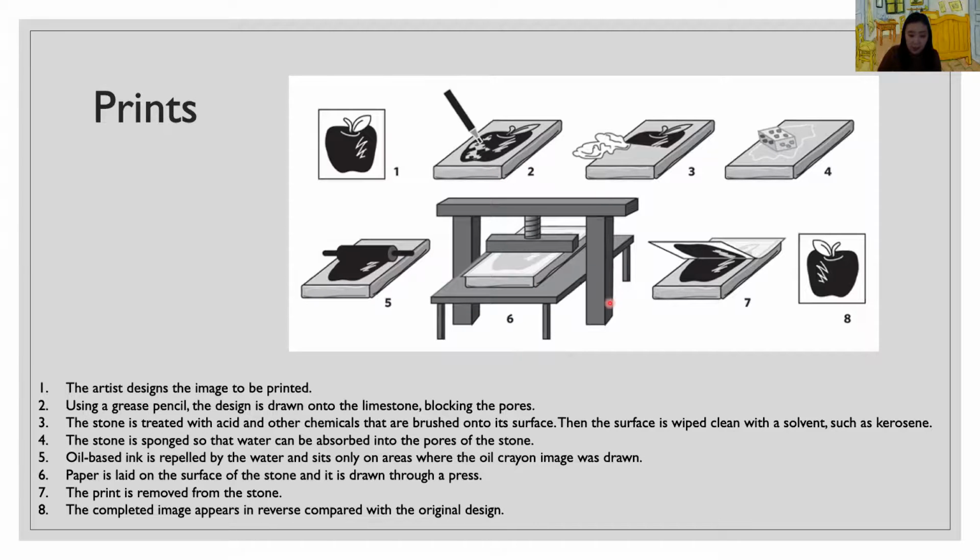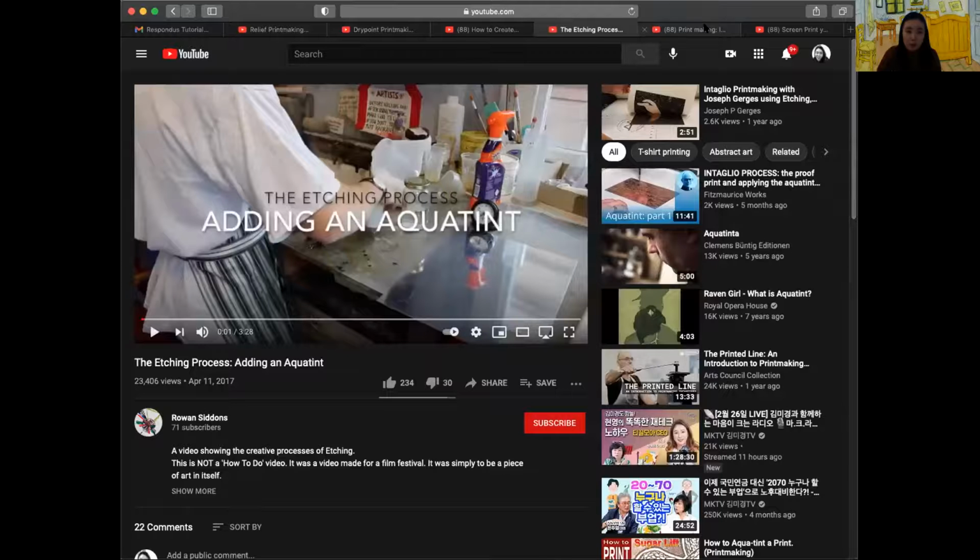And step 6, the paper is laid on the surface of the stone and it is drawn through a press. And step 7, the print is removed from the stone, and the completed image appears in reverse compared with the original image. So that is the basic process of lithography. Let me show you the lithography working process.